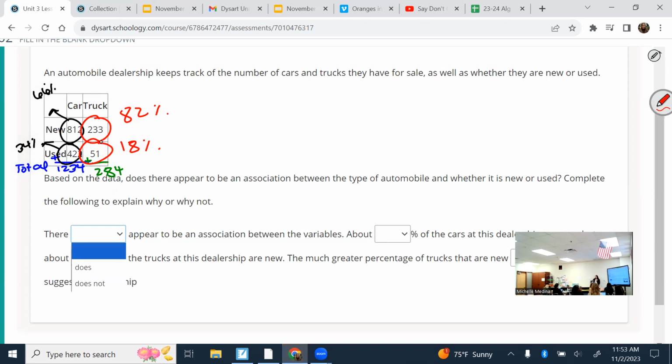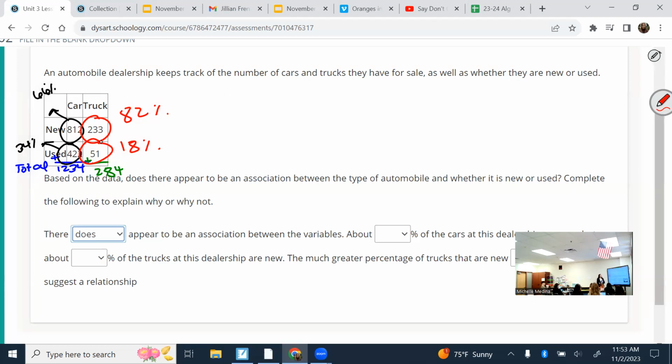What do you guys think, based on these values? There does appear to be an association. Why? Well, out of all the trucks that are there, the majority of them are new. That means that the used ones seem to sell pretty fast. These other ones, there's less of a big difference. But because this is so drastically different, that might be a trend.